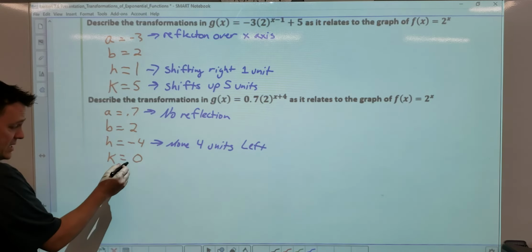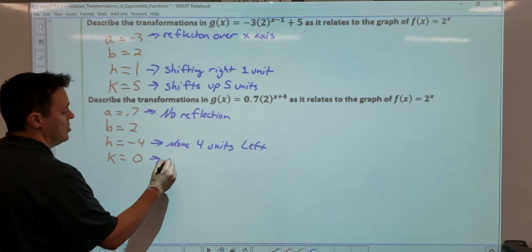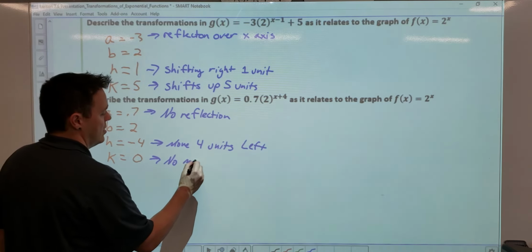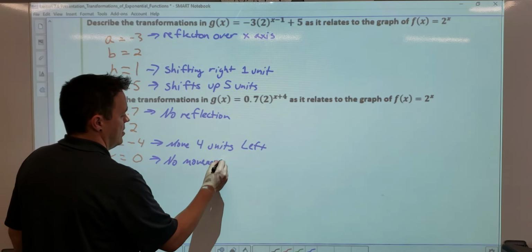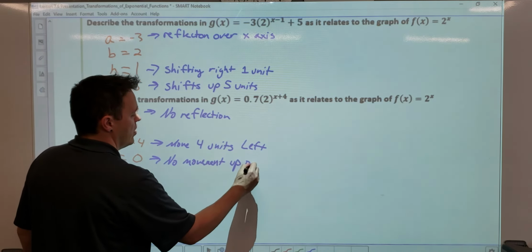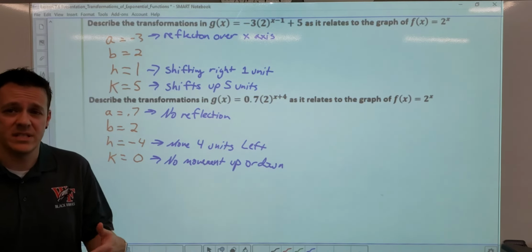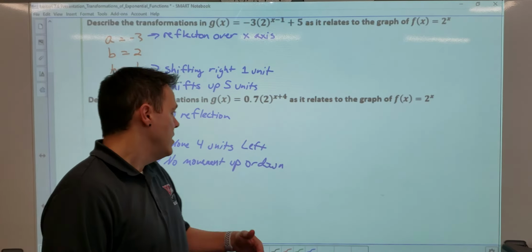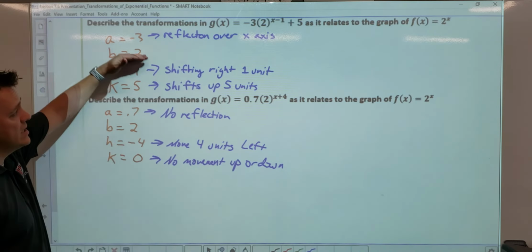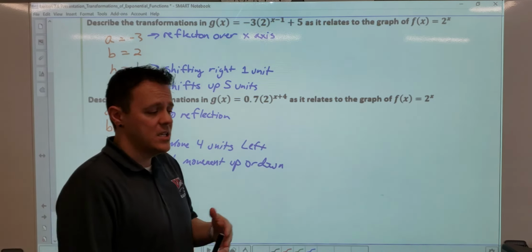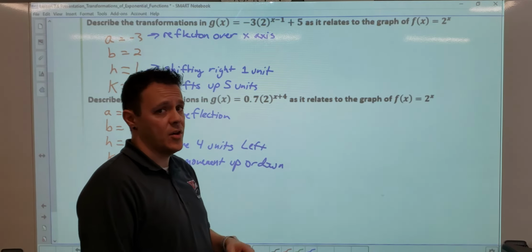And then the last thing is k is 0, which is no movement up or down. Please make sure you guys understand that concept, okay? I do want you to make a note so you can put the pieces together, especially when you're using your notes and working on the homework tonight.